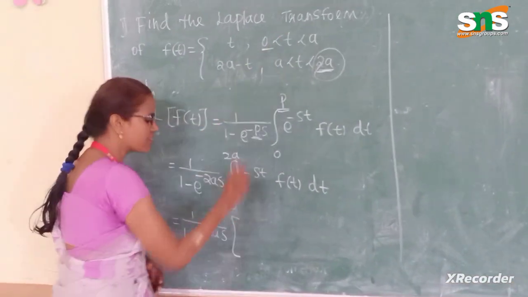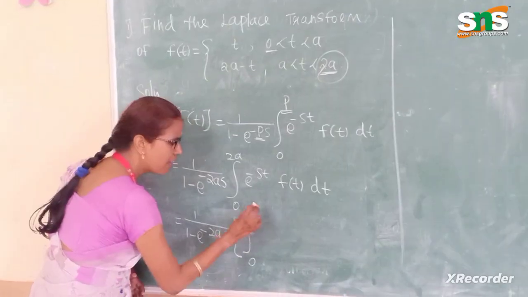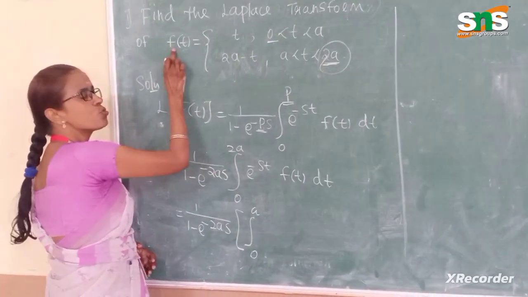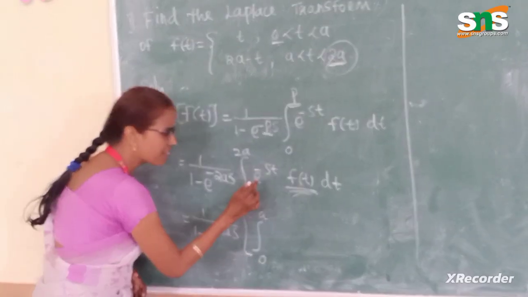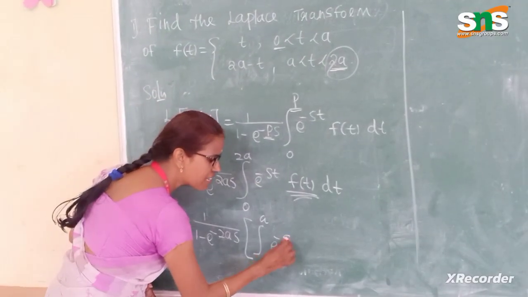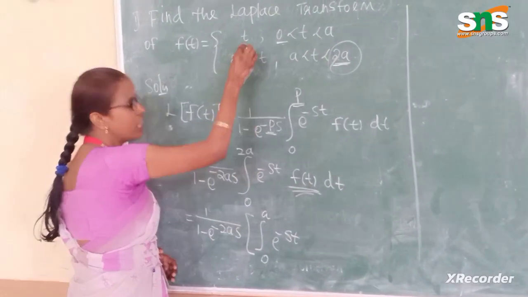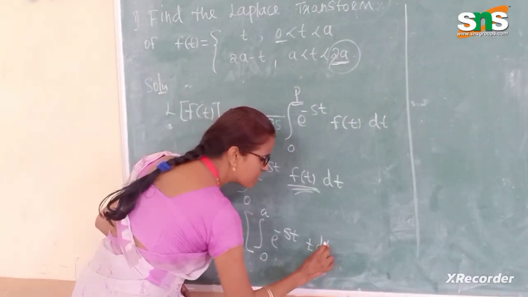The first interval is 0 to a. In the first interval the function is t, so I replace f of t with t and write the remaining term as it is: e power minus st, then t, dt. This is the first integral.